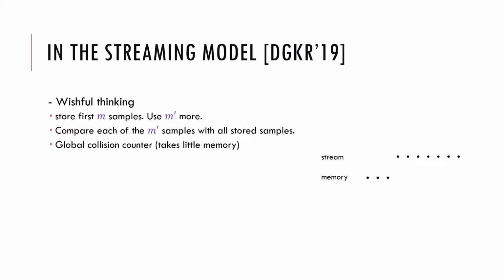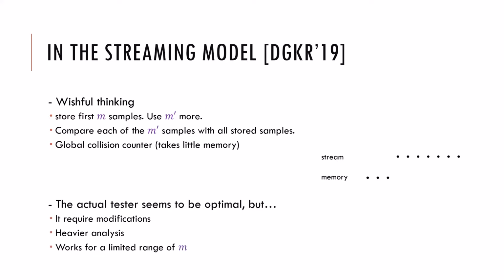And when we're done with that, and hopefully we've taken enough samples and done enough comparisons, then we can do some sort of collision-based test. So we can estimate the collision probability and then answer whether we're uniform or not. This is the idea in principle, but the execution is not quite as easy as it sounds like it should be.